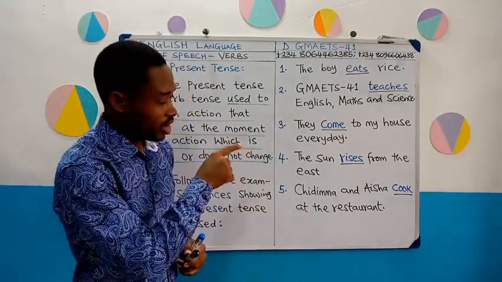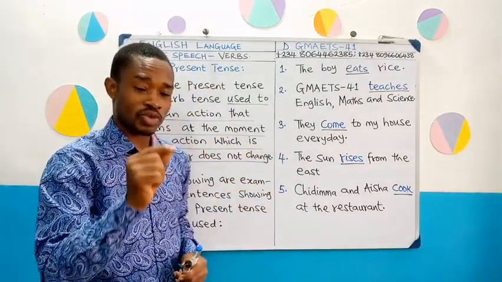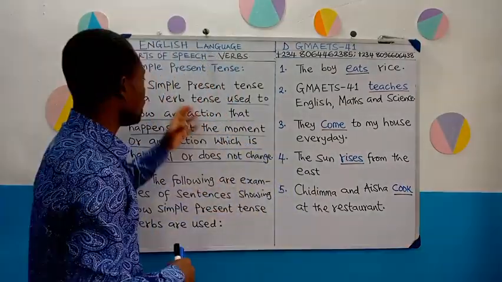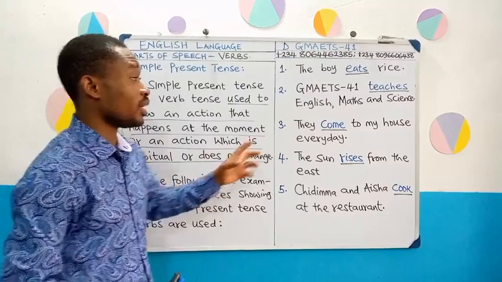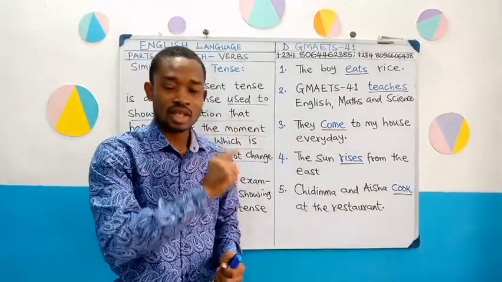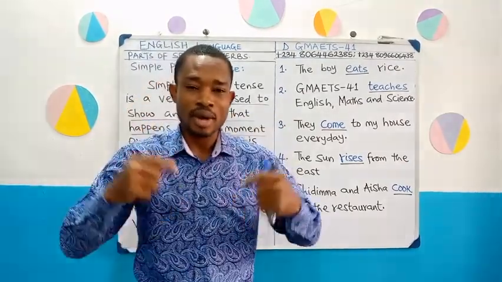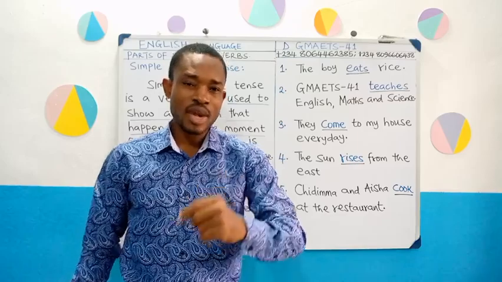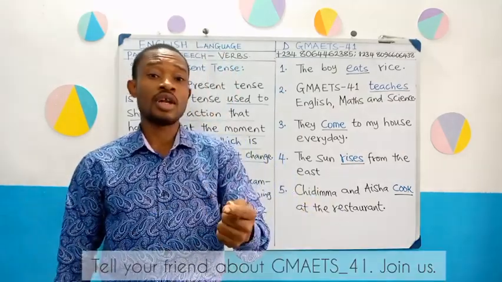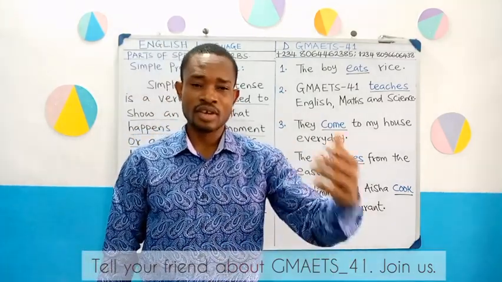So the verb there, cook, is a simple present tense verb. Now we've seen how we use simple present tense verb in sentences. So I'd like you to look through and read each of these sentences. Think about them. Next, we are going to look at present continuous tense, or you call it present progressive tense.